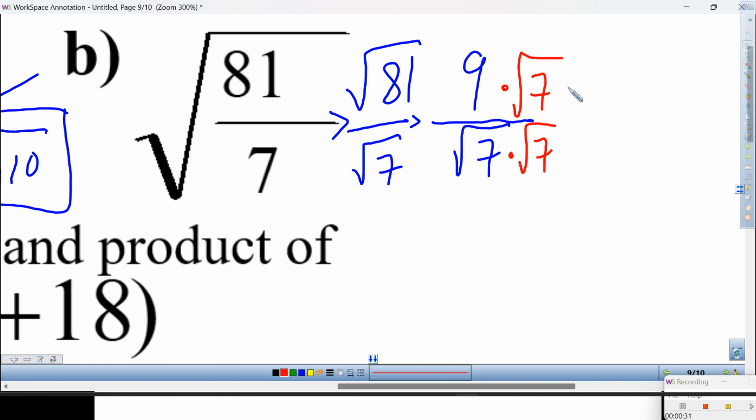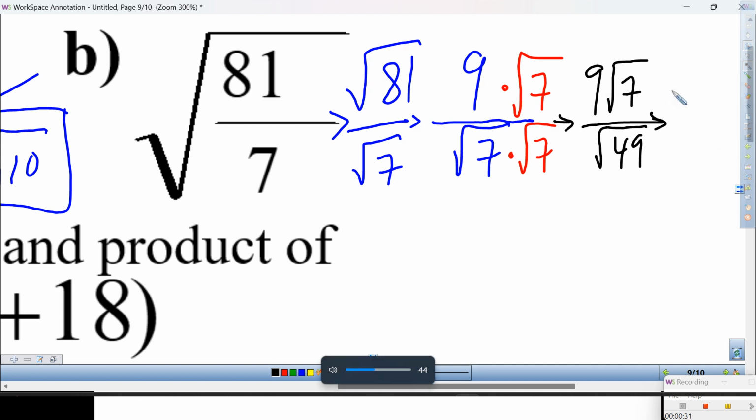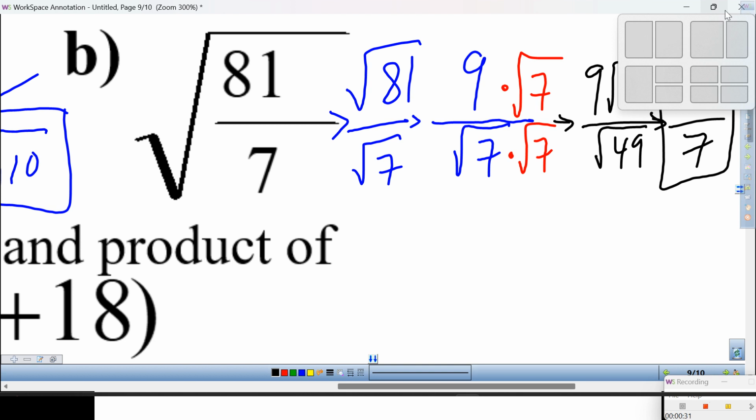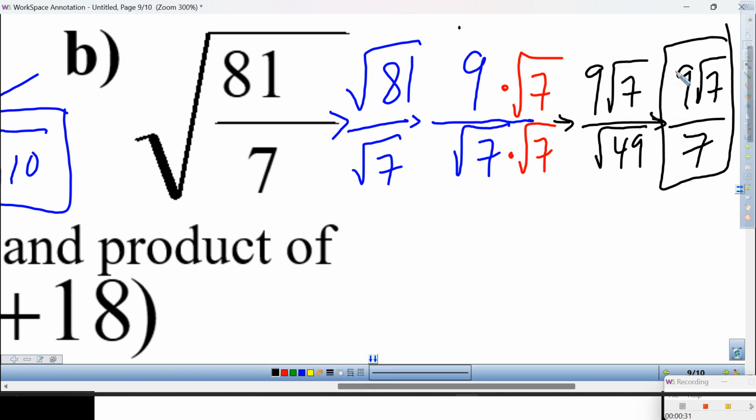So that leaves us with 9 square root of 7 over 7 times 7 is 49, so square root of 49. What is square root of 49? 7. And that's how you get rid of the radical on the denominator. Okay? You guys remember this, yeah?